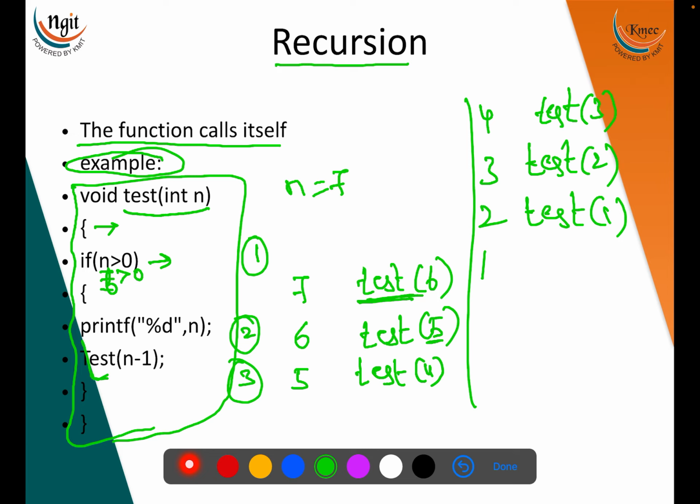Now printf prints the n value on the screen, which is 1. Then test(1-1), that is test(0).